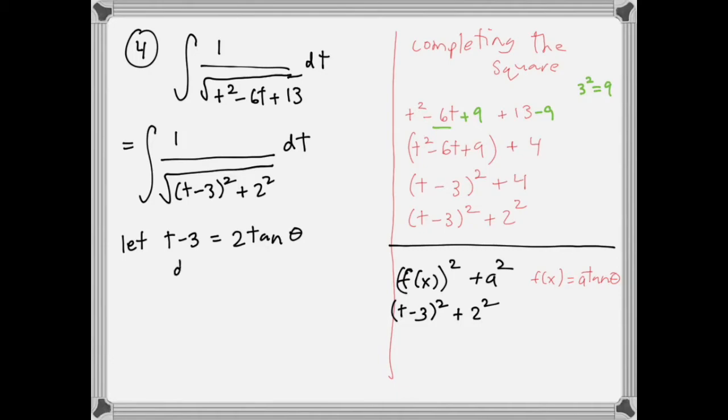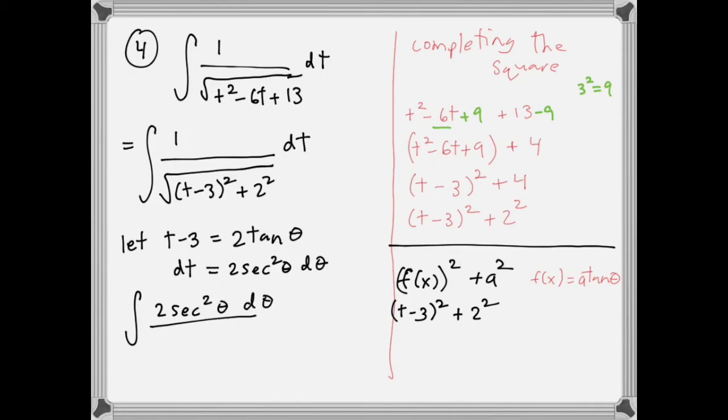All right. So what does dt equal? It turns out if you take the derivative of the left side, you just get 1. So that's dt, and that's going to equal secant squared theta d theta. So what is our integral going to transform into? The top is just going to have our dt.